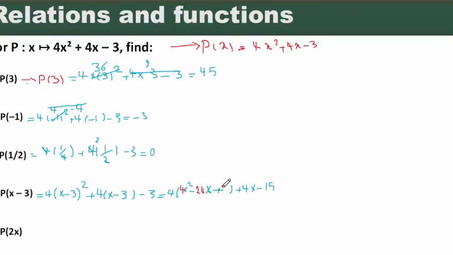So I apply this 4 inside this parenthesis, so I get rid of this coefficient. Anyway, if I rewrite them, I only have 4 for x squared, and the terms that include only x would be 4x and negative 24x, which gives me negative 20x.